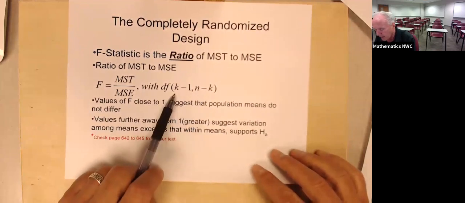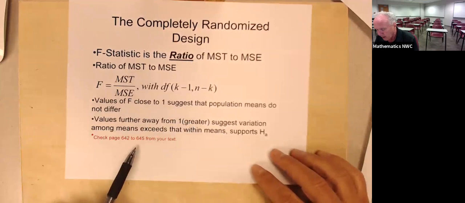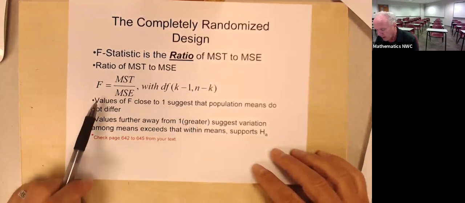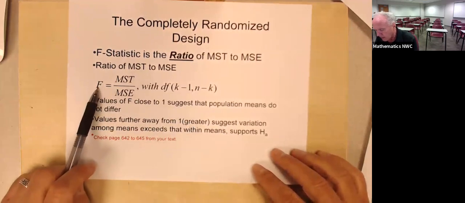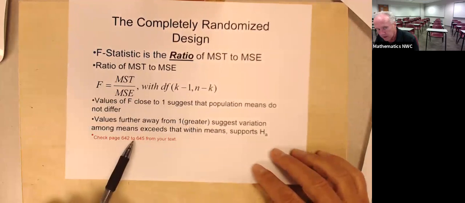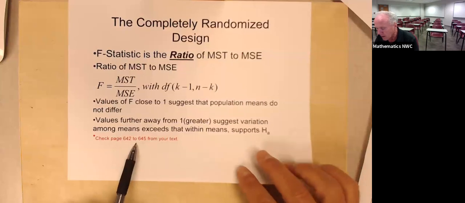If you don't have that copied down, you probably should. Also, I'd like you to be aware that we have a table of F values, page 642 to 645 in your book. I'll be showing a copy of that, so you won't need your book yet today, but when you're doing your assignment, you might in some cases.